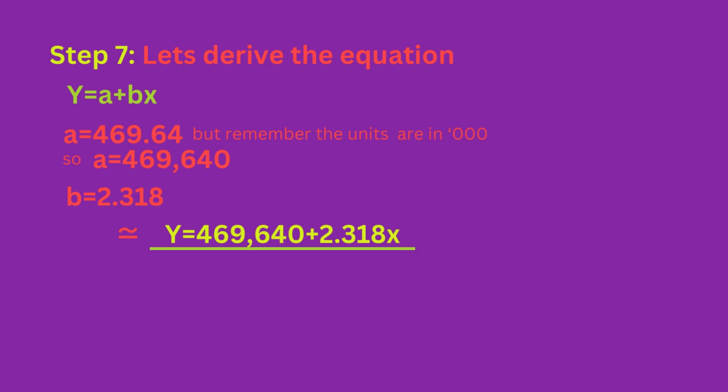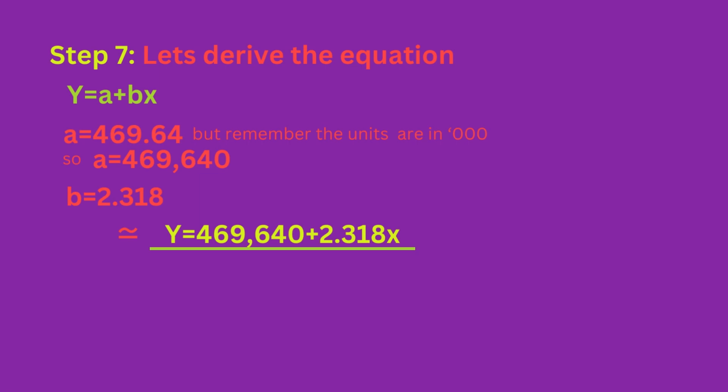Or else you might not change the a into thousands. You can just put y is equal to 469.64 plus 2.318x, but in your mind, just remember that it's in thousands. So now we've done our example and we finished our example. That's what we were required to derive from our example.